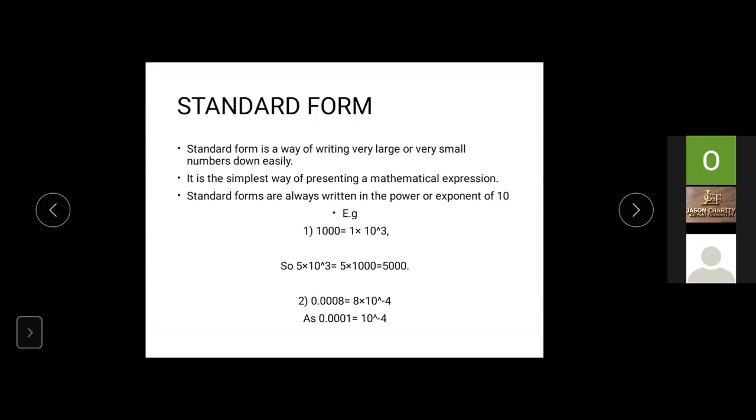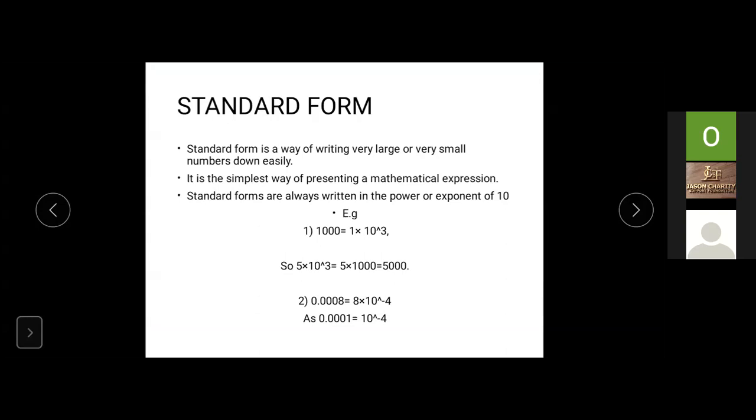So instead of writing a long string of digits, standard form helps us abbreviate. Just like we use the word abbreviation in English, we use standard form in mathematics. It is the simplest way of presenting a mathematical expression. You want to write an expression in a simple form. That's where standard form comes into play.